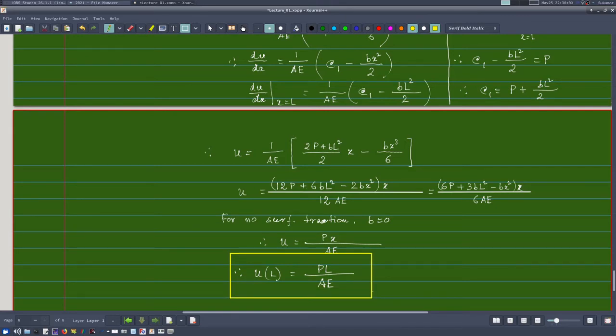So it means our solution is all right, correct, because it is giving me back the well-known result. Okay, so this is how we can solve the differential equation of equilibrium exactly.